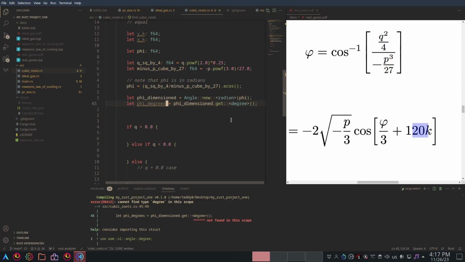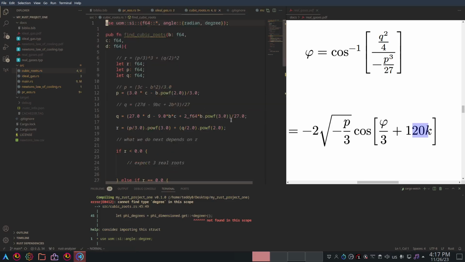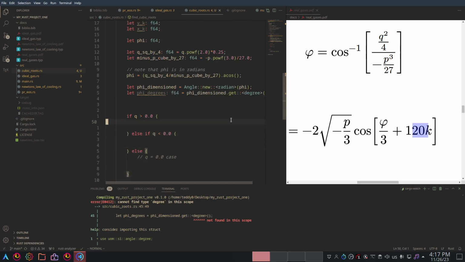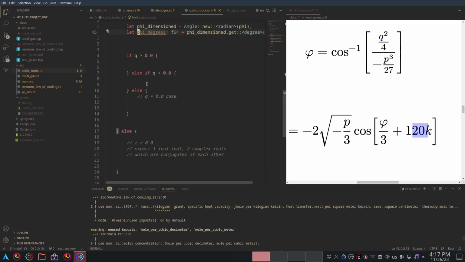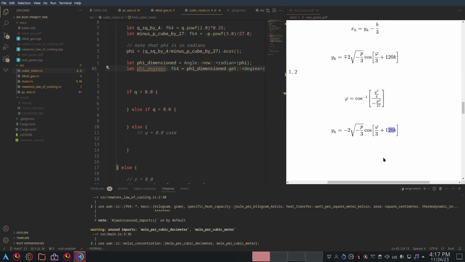This is an f64 by default because the UOM package we use is f64. There can be f32 as well, but for now we do f64. So phi degrees is here. That's fine. I have my phi in degrees.